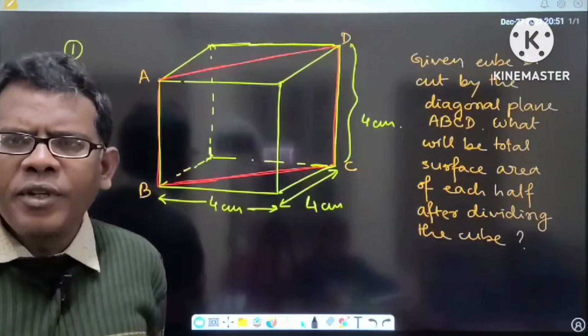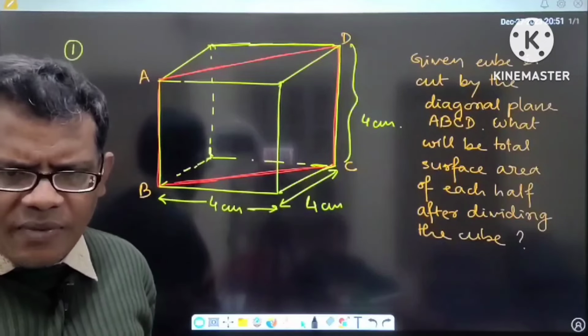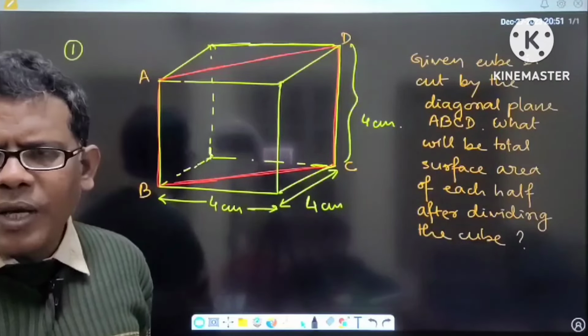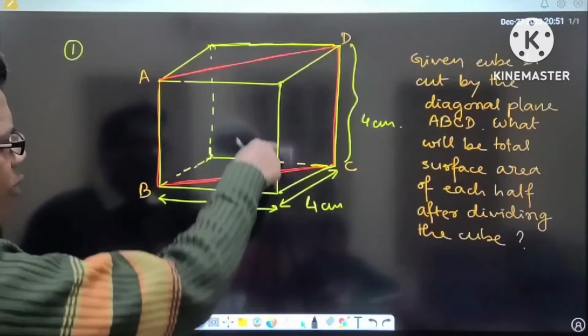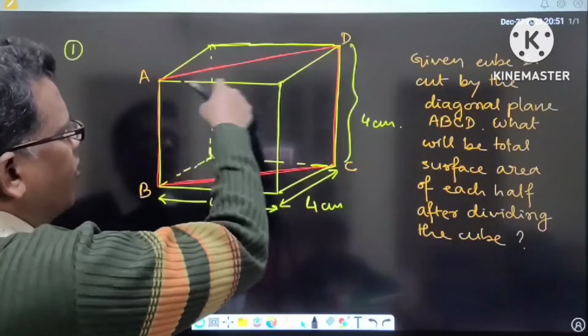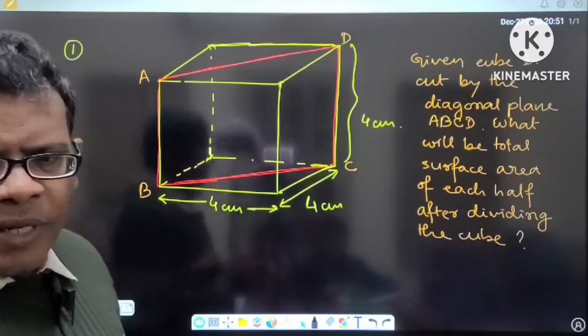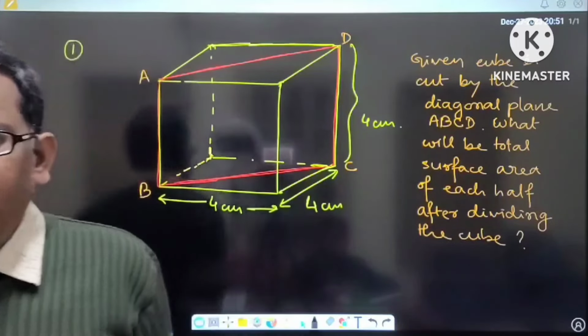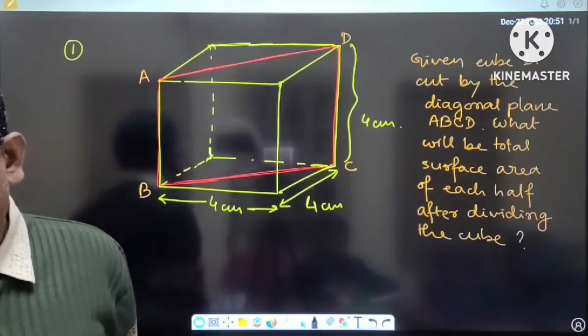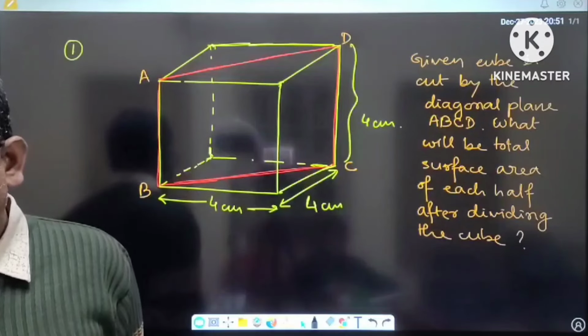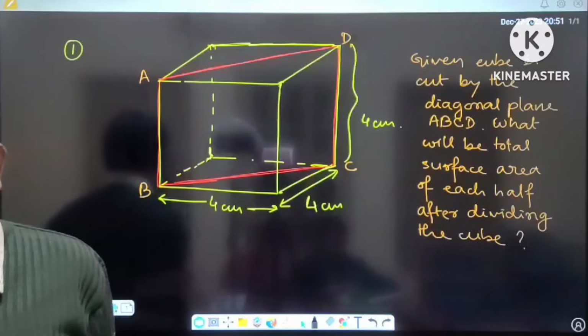In the geometry of a cube there are 6 identical surfaces. Each surface is a square plane. 4 into 4, 4 into 4, 4 into 4, each one is a square plane. So there are 6 equal square planes forming the total surface area of a cube.